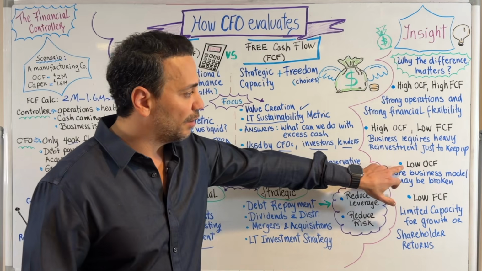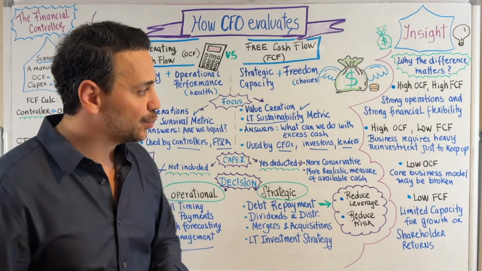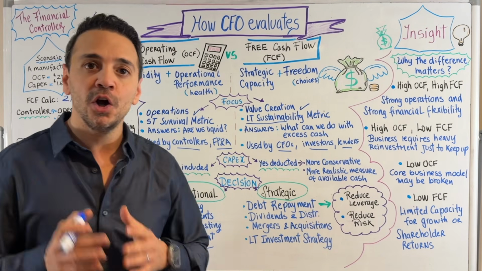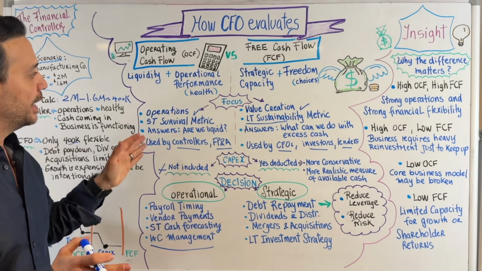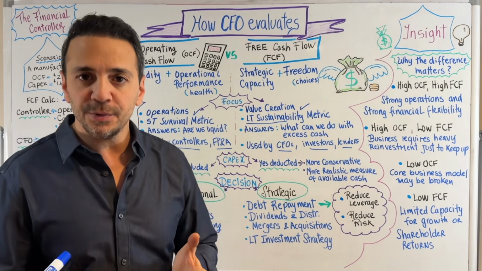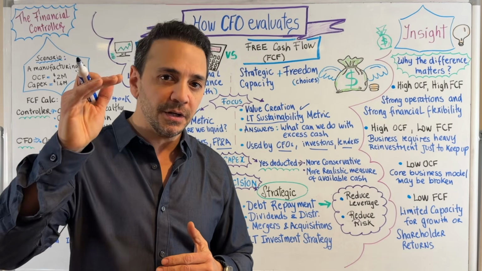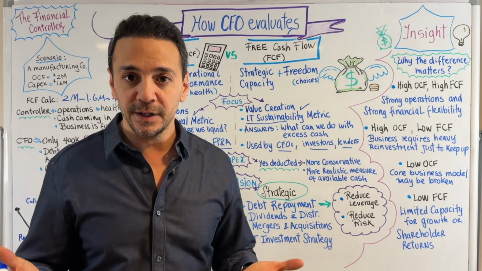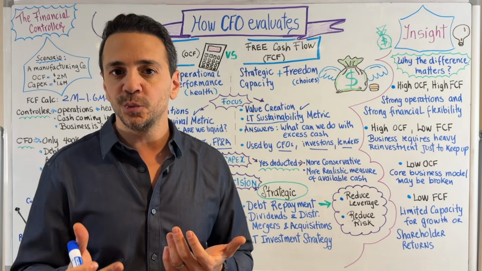We have an example of a low OCF. If you have a case where a company has low OCF, low operating cash flow, it just means that the business model itself is difficult. So operating cash flow is defined as net income and then adding back non-cash expenses and changes in your working capital.